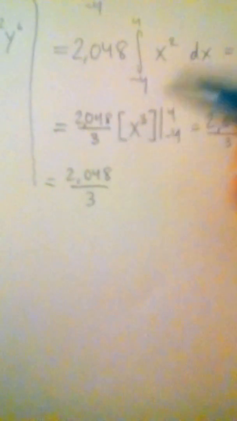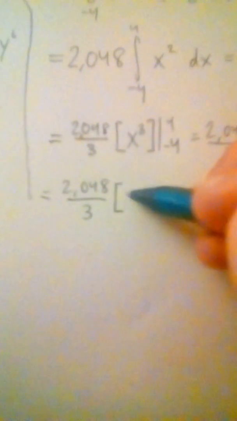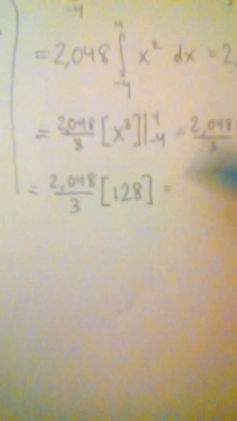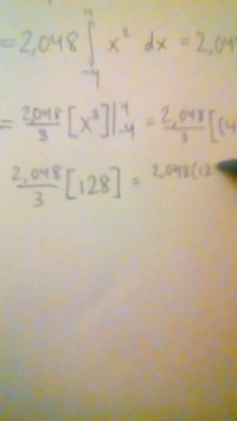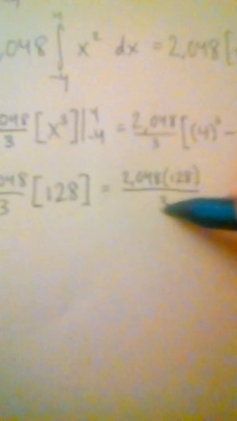A minus and a minus would be a positive. That being said, we have the constant right there, and for our integral, we have 2048 times 128 divided by 3. Now that's actually not it. We're not going to simplify yet either because we don't really need to yet.